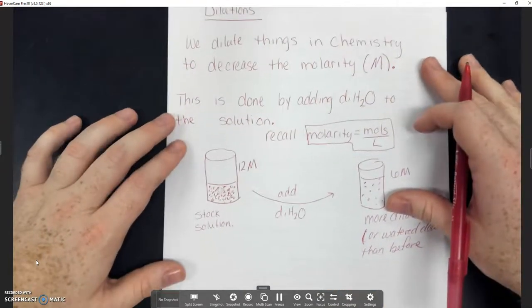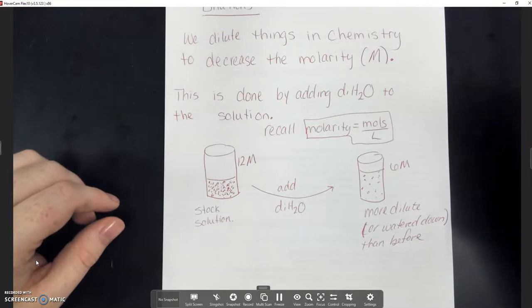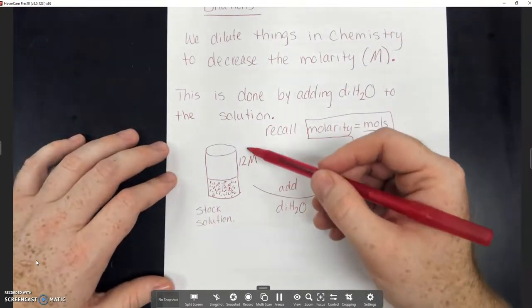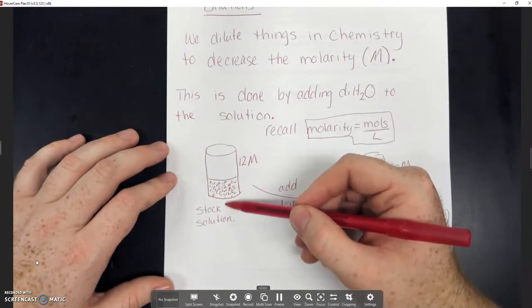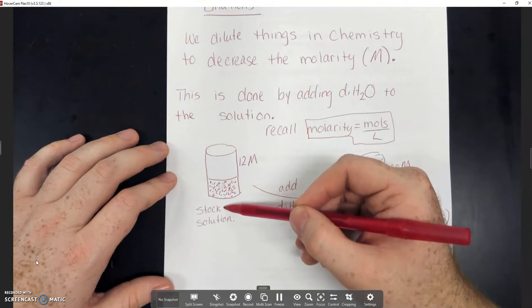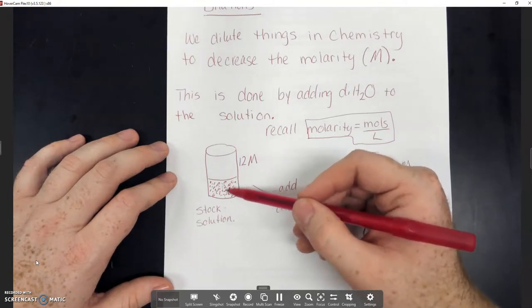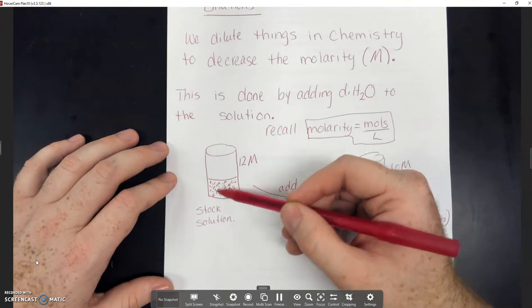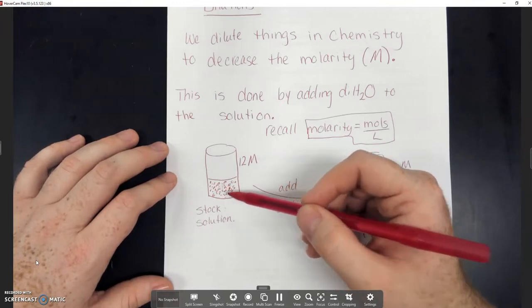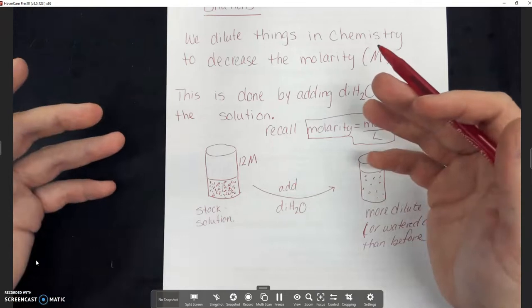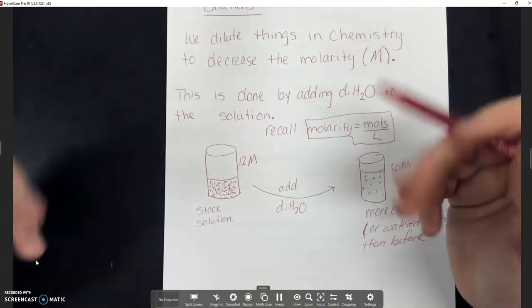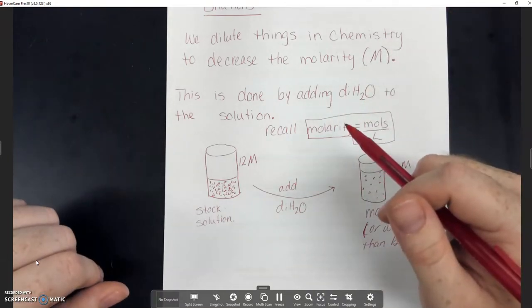So here's a little drawing, an example of what a dilution might incur. Right here, I have a 12 molar stock solution. Stock means the solution that we keep in storage. And you can see that at a very low volume, the particles or the moles of solute are very, very close together, not too surprising for a very concentrated solution.